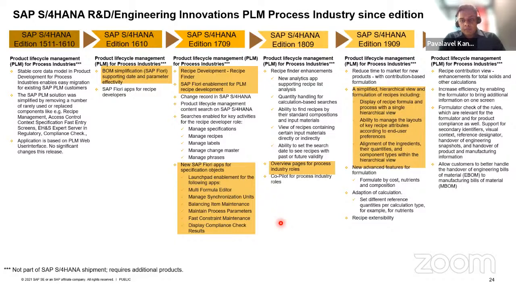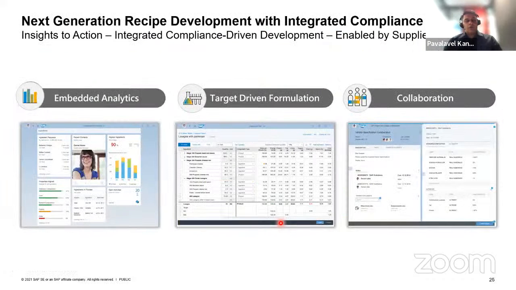All right, so the alignment of the entire ingredients and quantity across your app can be modified. You had a hierarchical view of each of the information. So this was brought as a part of 1909. So as a part of 2020, new calculation logics were brought in for total solids and other calculations in the recipe. Okay, so how is recipe development integrated with compliance?